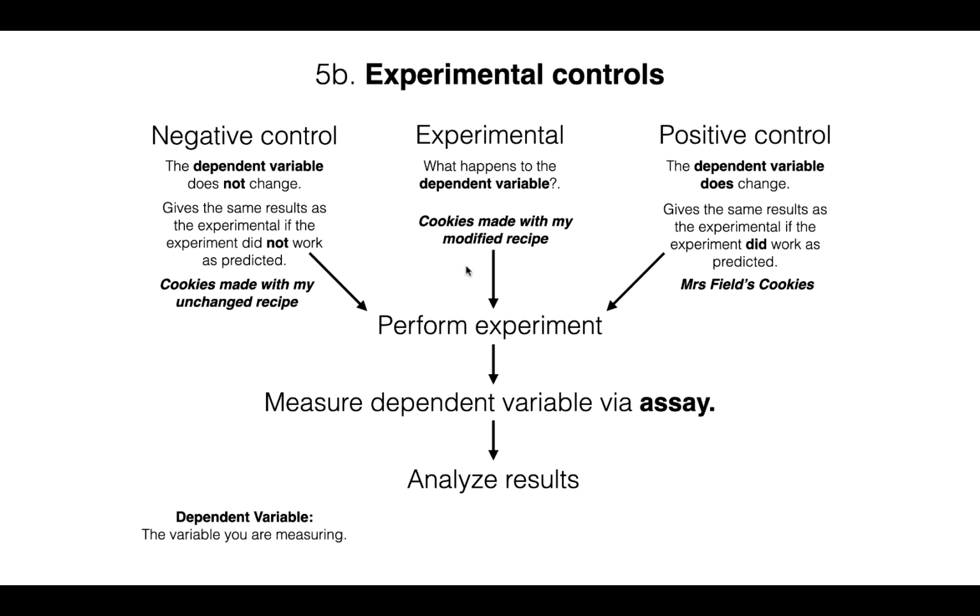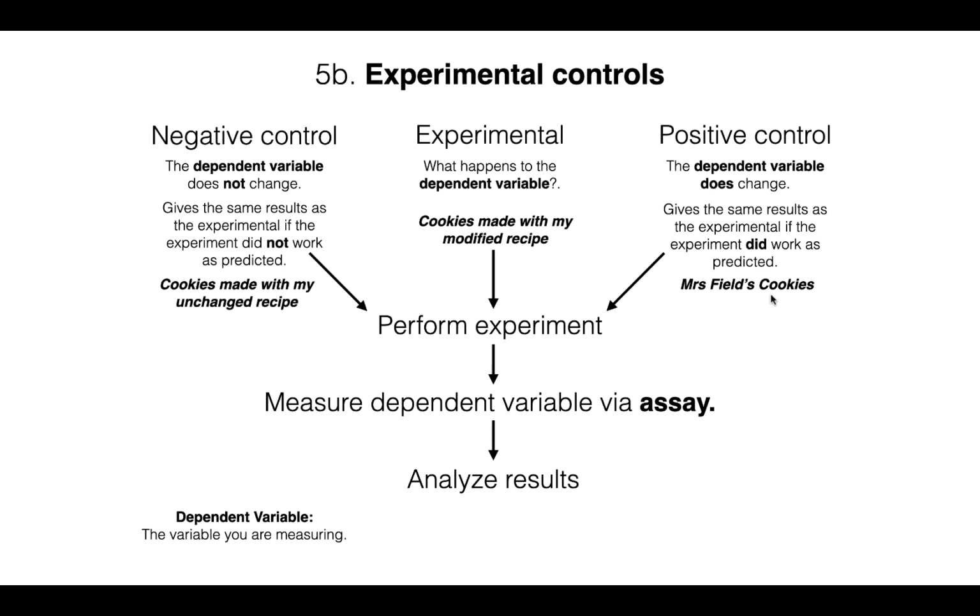And so what we're hoping to happen is that we start off with my original cookies that are thin. We are hoping to reach Mrs. Fields cookies, which are thick. And we are going to experiment by changing the flour in my original recipe and then measuring the thickness and hoping that it's now closer to or the same as Mrs.